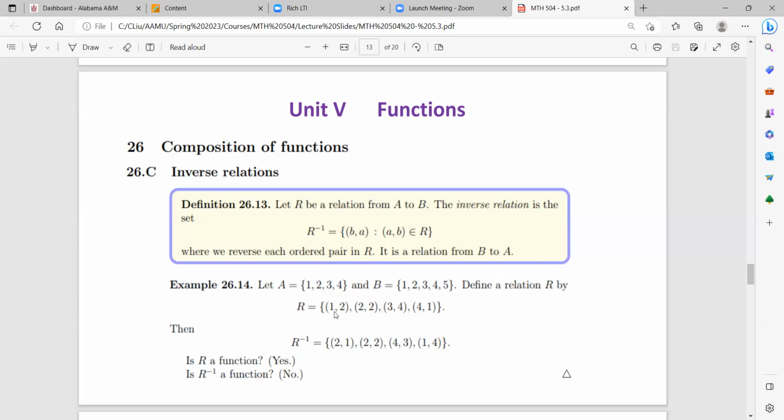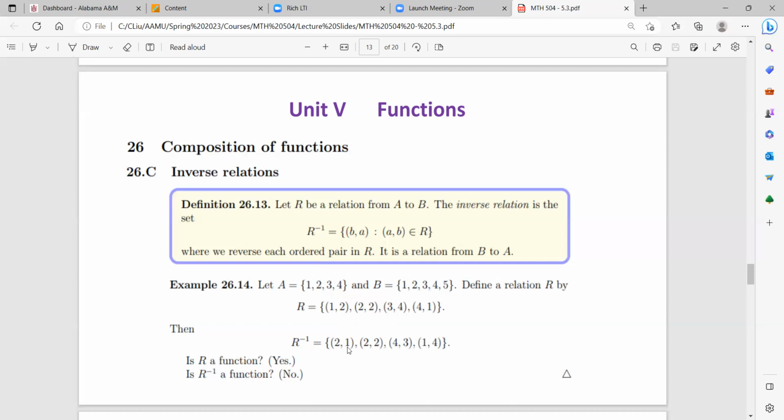For each number in set A, 1, 2, 3, 4, all of them, we paired some numbers from B, and each number in the first set A only appears once in the ordered pairs. So that is indeed a function. Okay, remember the definition of function.